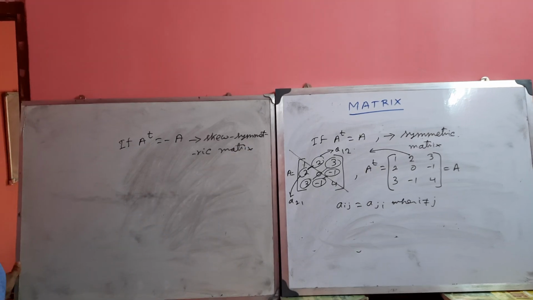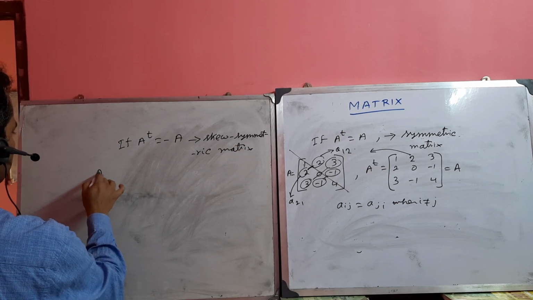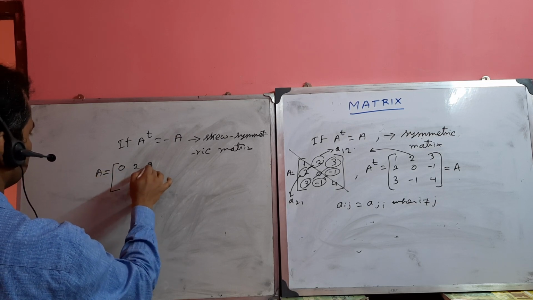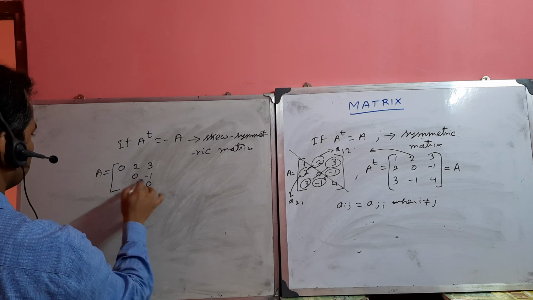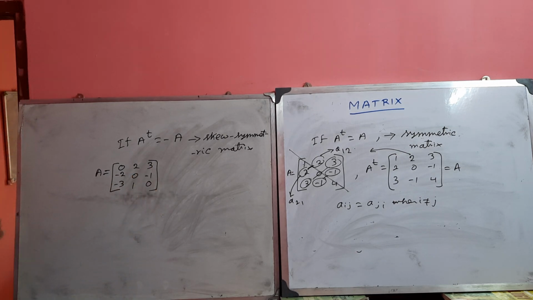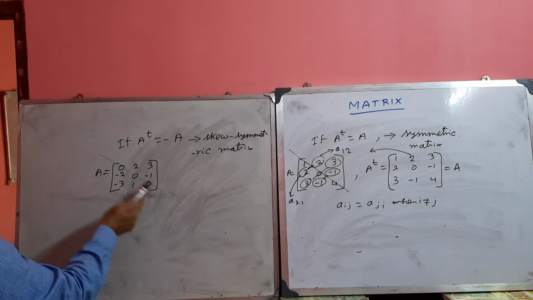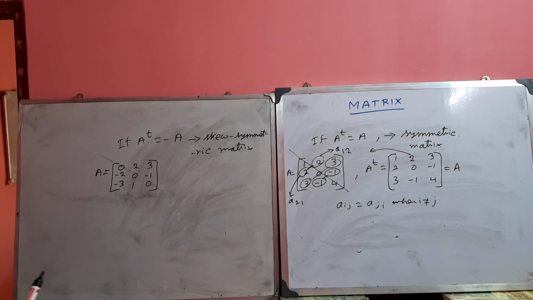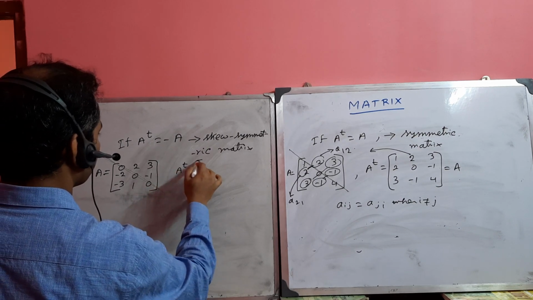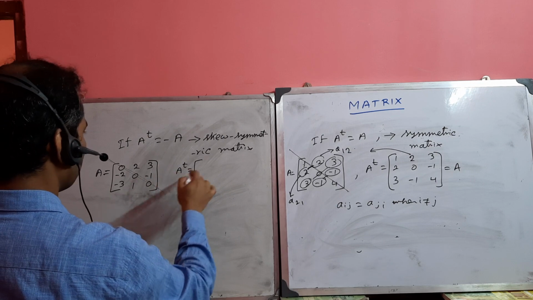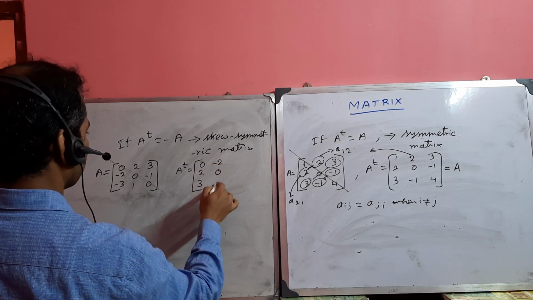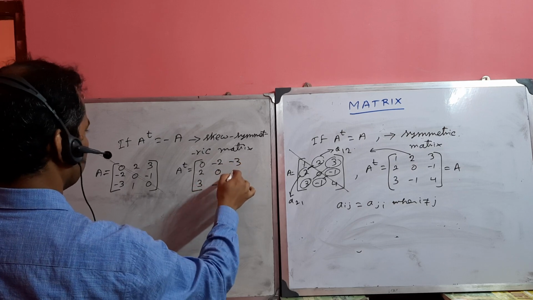As for example, now you see that this one is A and the diagonal elements are 0. Here the diagonal elements are always 0. And A transpose, where the rows become columns, is 0, 2, 3, minus 2, 0, minus 1, minus 3, 1, 0.